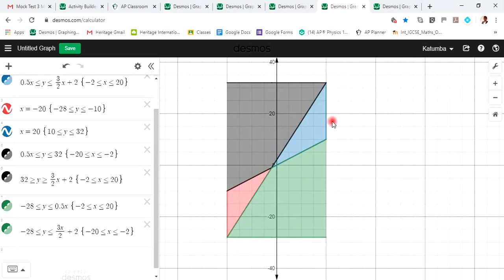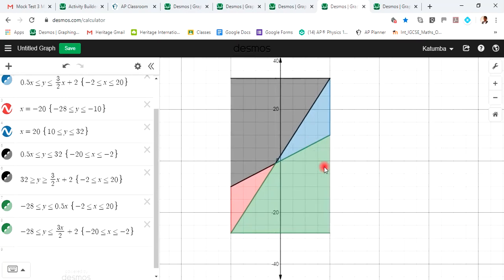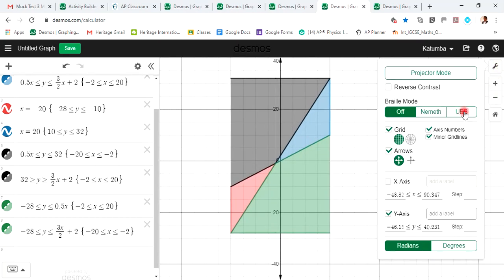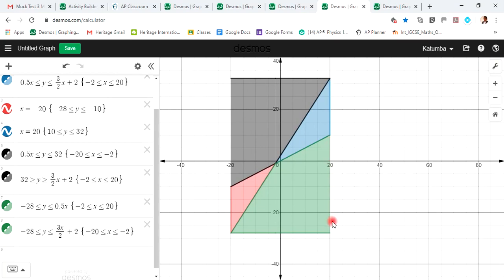When I look at my graph, I turn to the x-axis. My thing stops at 20 on this side, 20 on that side, and negative 28 at the bottom, positive 32 at the top. So if I'm building a boundary, I'm just going to use normal inequality equations.